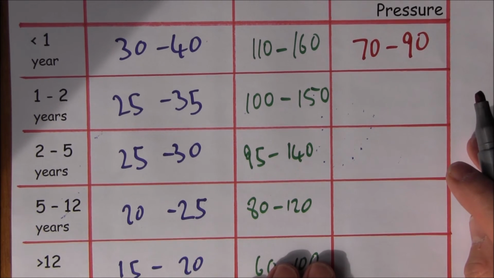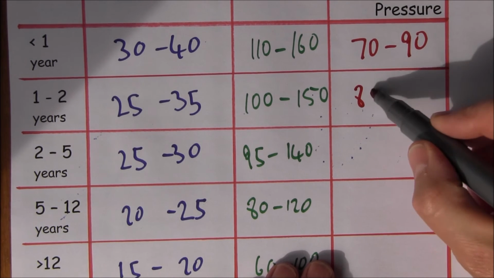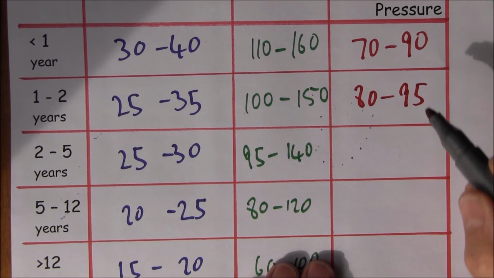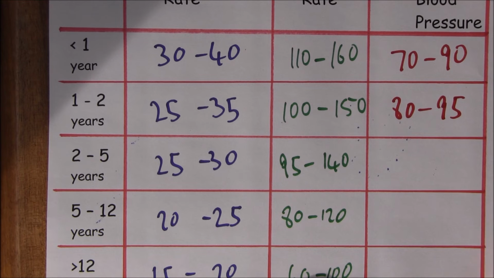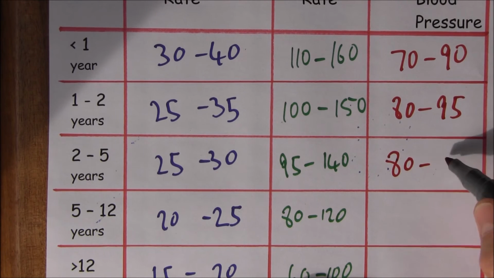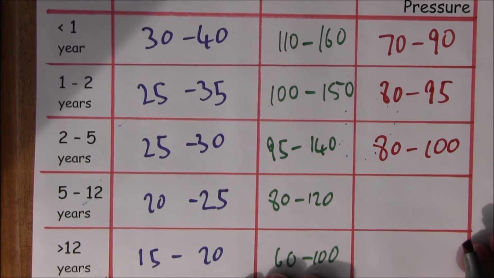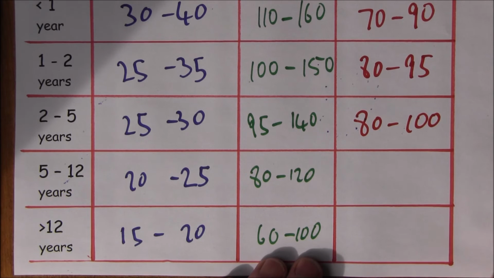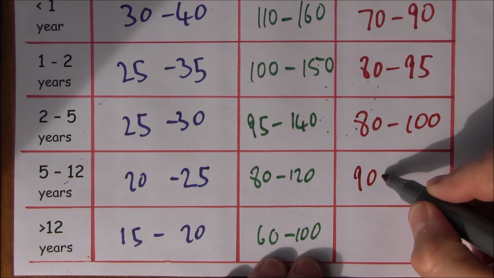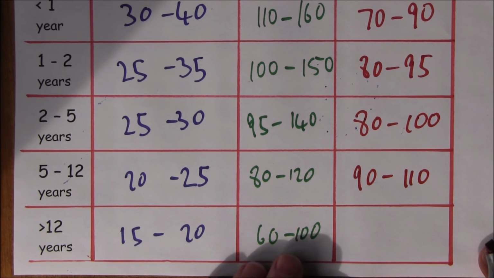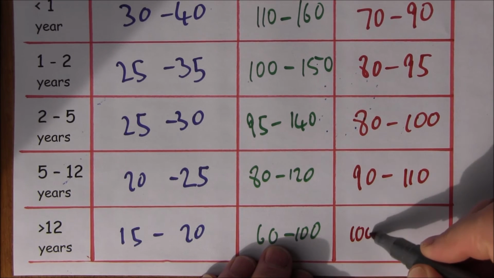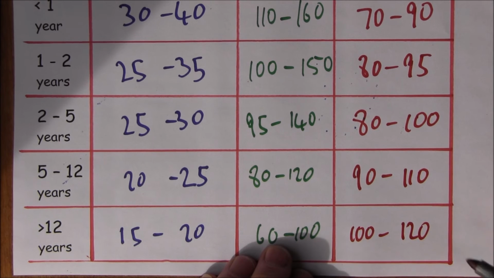This is only systolic. 80 to 95 at 1 to 2 years. 2 to 5 years, 80 to 100. 5 to 12 years, we'll say 90 to 110. And greater than 12, getting towards the adult value, is 100 to 120.